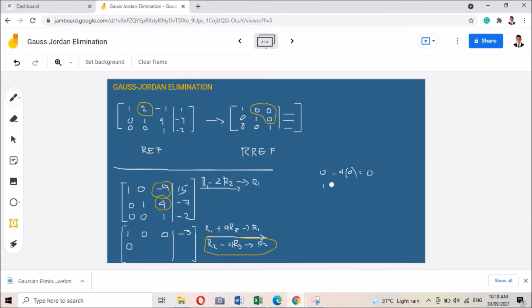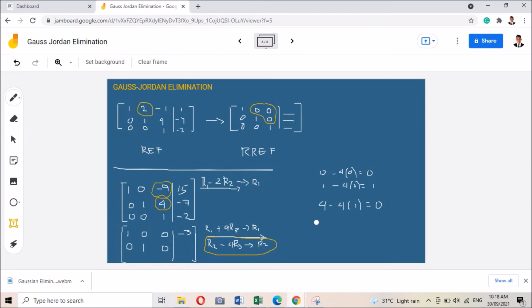Next is 1 minus 4 times 0, which will give us 1. So the next entry is 1. And the next entry is 4 minus 4 times R3 in this column, which is 1, and that will give us 0. Okay, 4 minus 4 is 0. And that's our goal in making that elementary row operation.